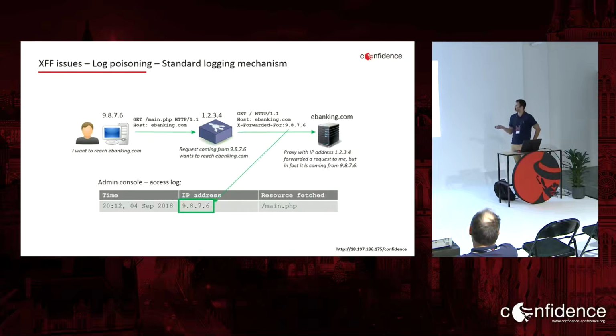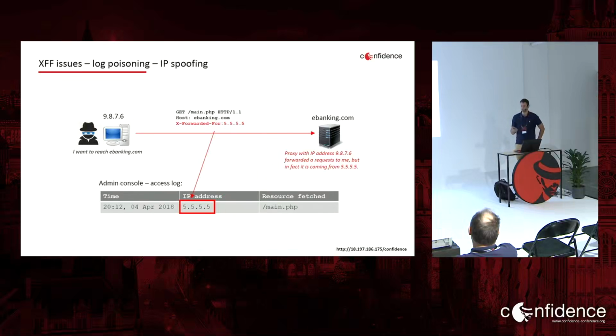And you need to remember that sometimes someone decides to change the network architecture, and they will decide to take that device out of the application architecture. In that case, any time an attacker sends a request with an X-Forwarded-For header, he will be able to spoof the IP address of all the requests.